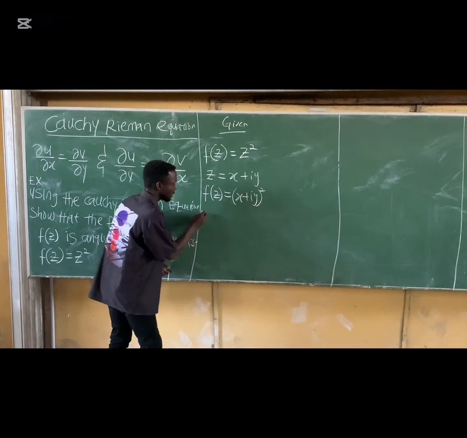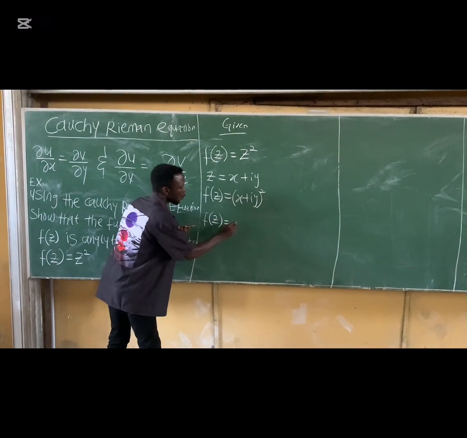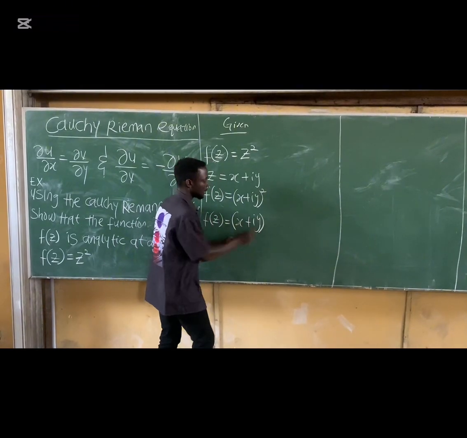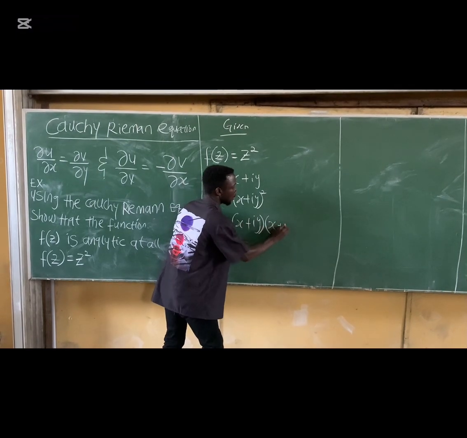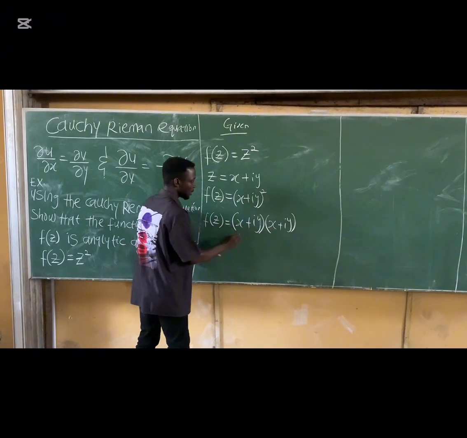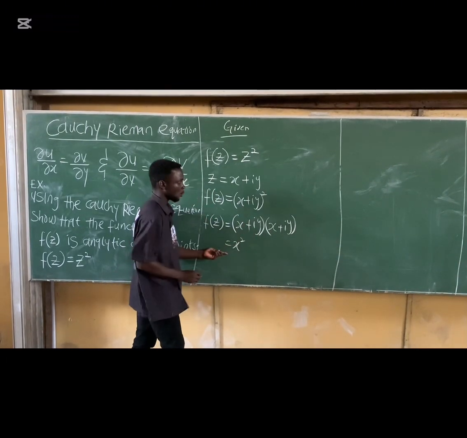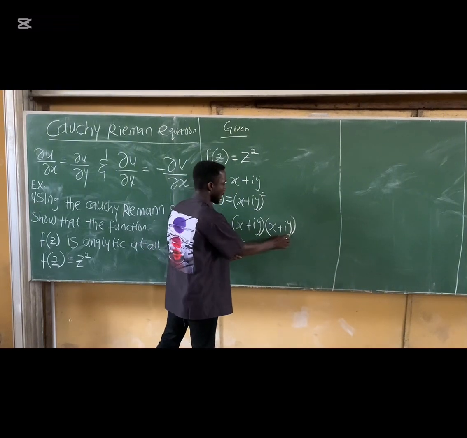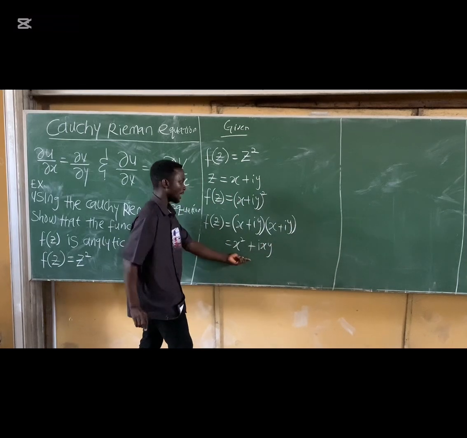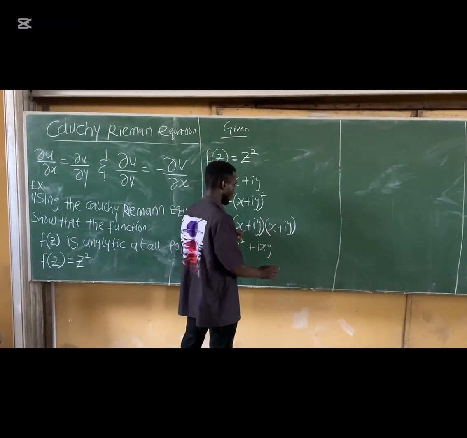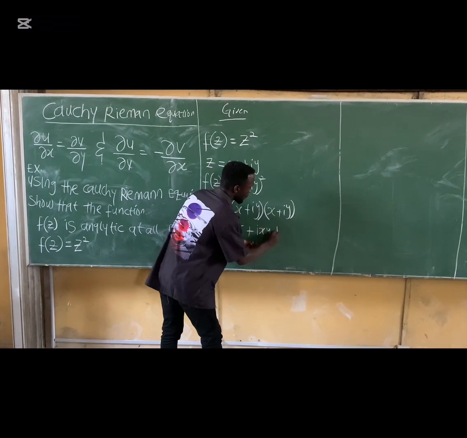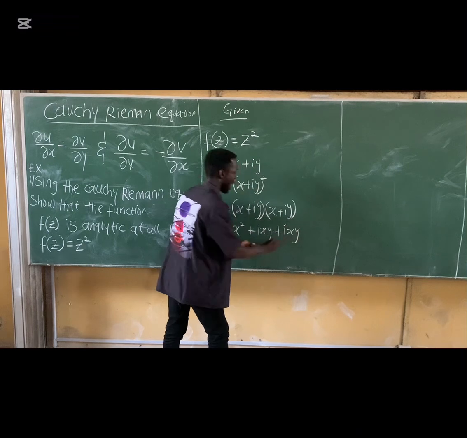Now let's expand this. This will give us f of z equal to (x plus iy) times (x plus iy). So x times x gives us x squared, plus iy times x gives us ixy, then iy times x gives us plus ixy.